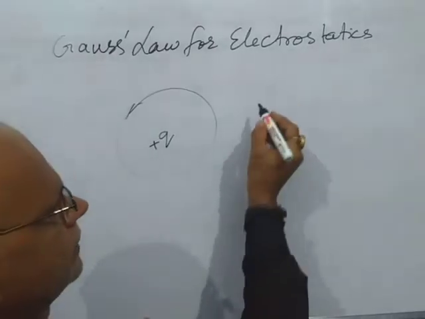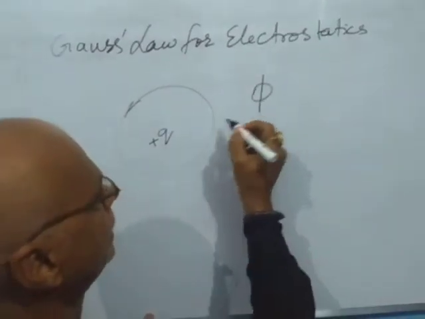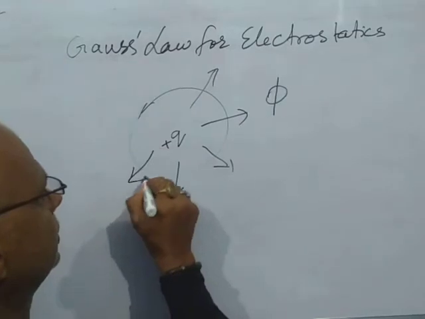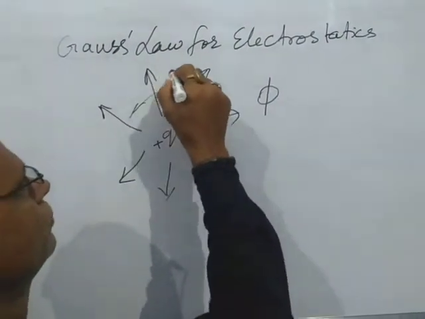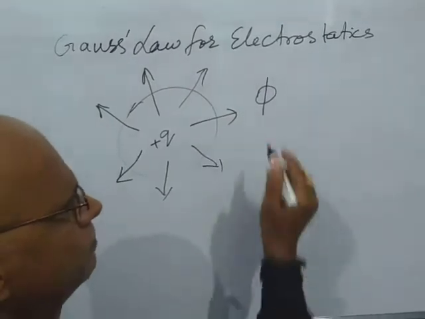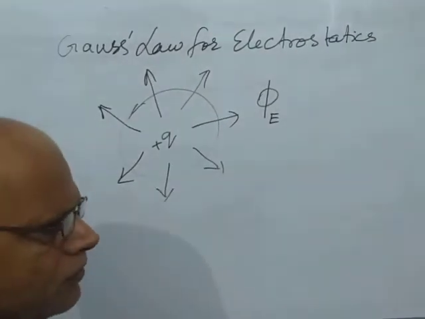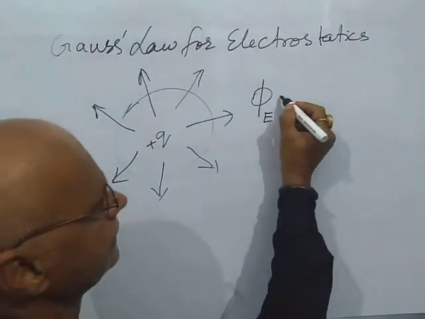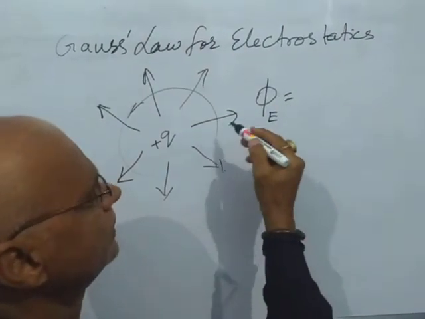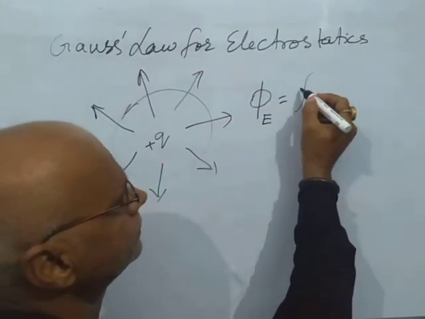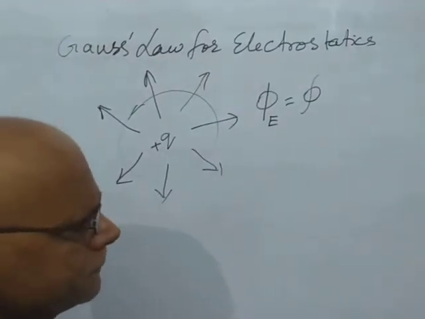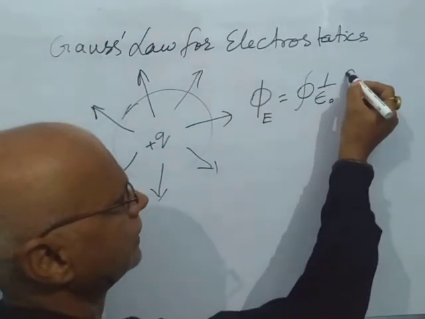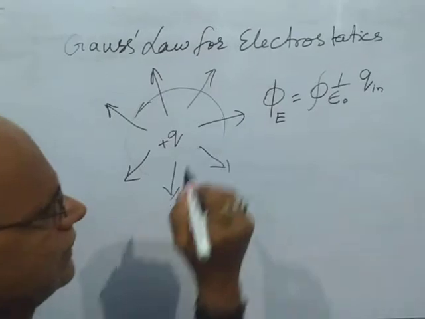means, if we have electric field lines passing out from this enclosed surface, then what will be the total electric flux passing through it? That can be found by the very important law, Gauss law, which states that the total electric flux passing out of the closed surface is always 1 by epsilon times the charge enclosed by the surface.